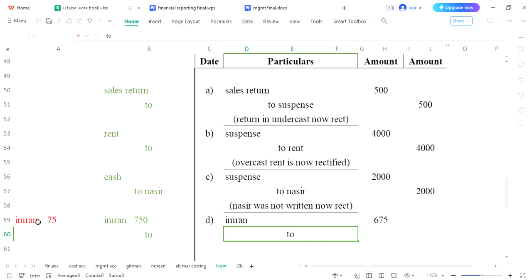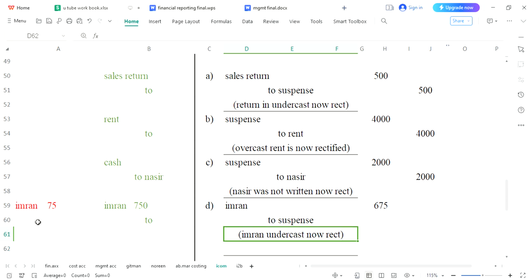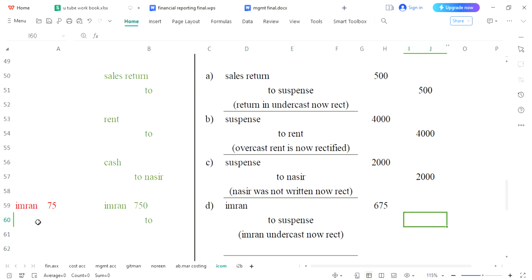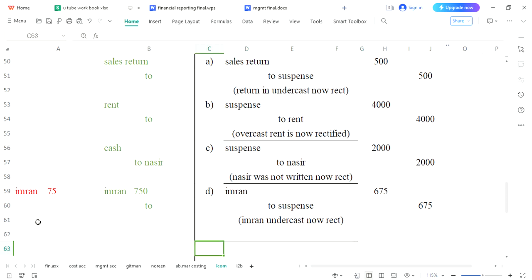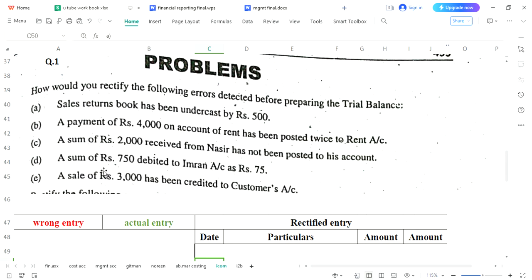Nothing is present on credit side, so we will write suspense, and here Imran undercast, now rectified. Alright, and same amount we will be putting, 675, over here. D entry is completed.